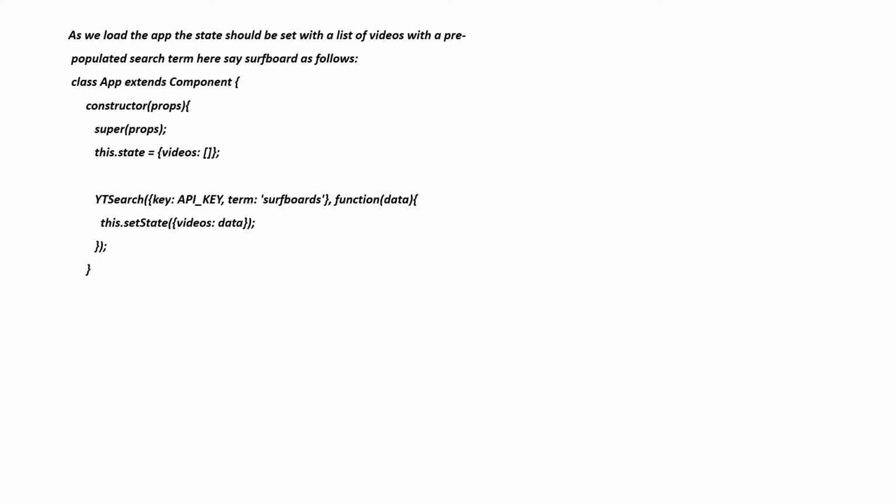So the second argument is the function which passes in data that sets the state of the property videos with the data that's passed in, and then it returns, and there's expression 4. So we have refactored from expression 1 to expression 4.